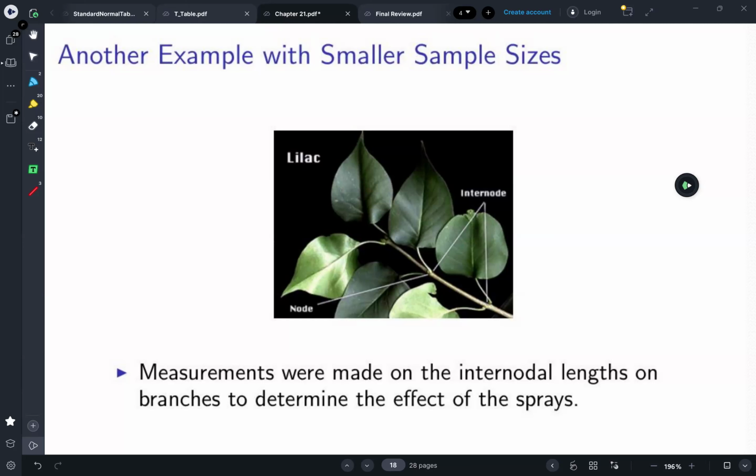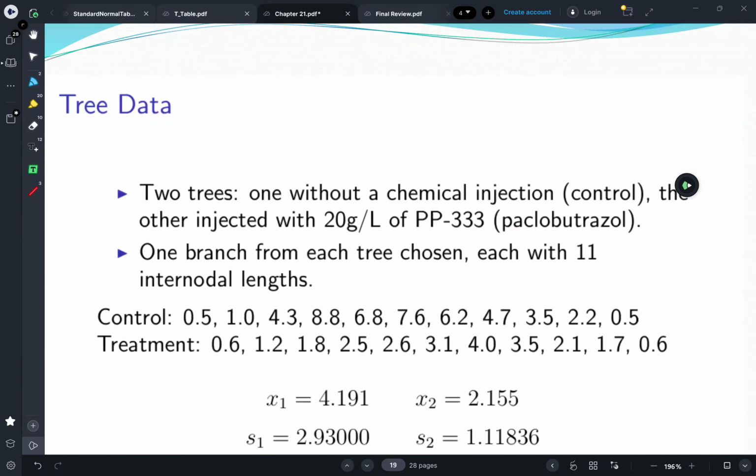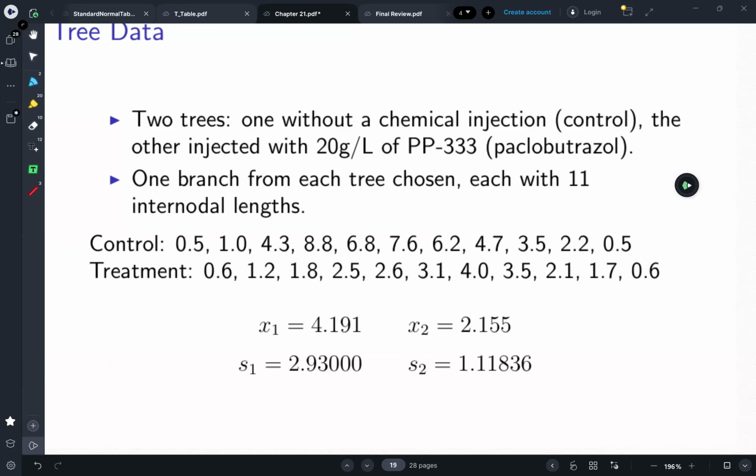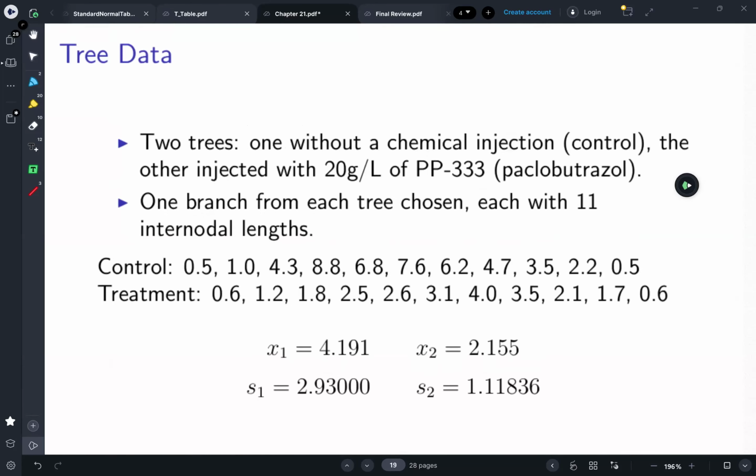And then to see if the spray really does have an effect, they can see if it's worthwhile doing to save the money, and then they don't have to cut as often. So here's the tree data. One without the chemical injection, that's the control. It's without the spray.